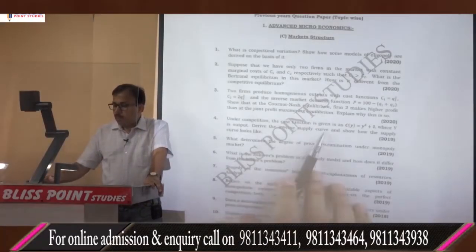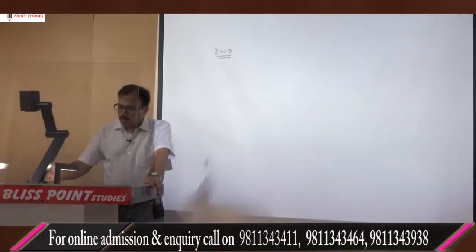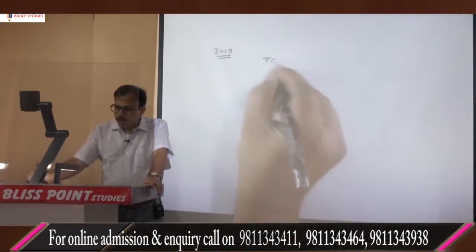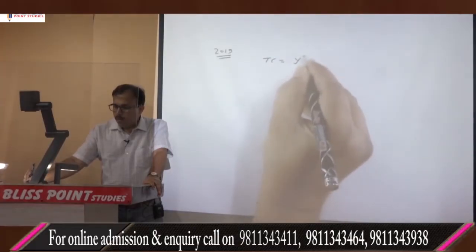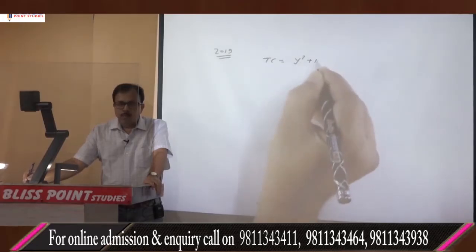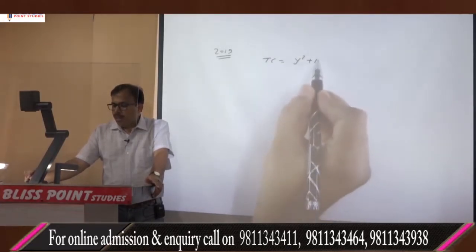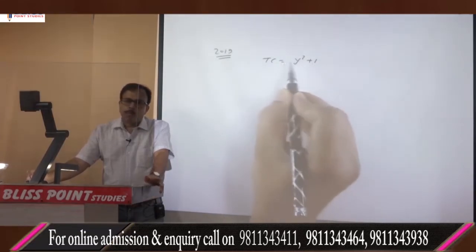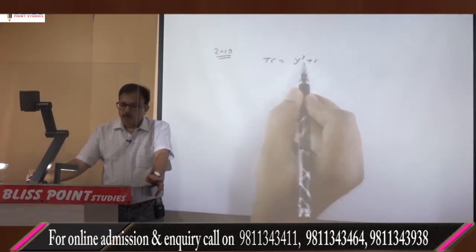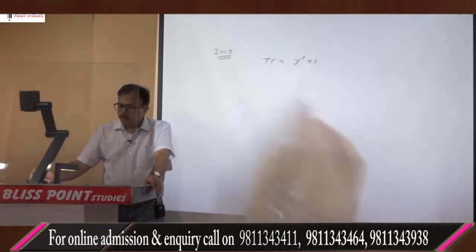Derive the inverse supply curve and show how the supply curve looks like. So the question says total cost, ये cost equation given है, y square plus one, y output है, one constant number हो गया. तो concept से accordingly you can know that part of cost which does not depend upon output is fixed cost. So one is fixed cost and y square is variable cost.